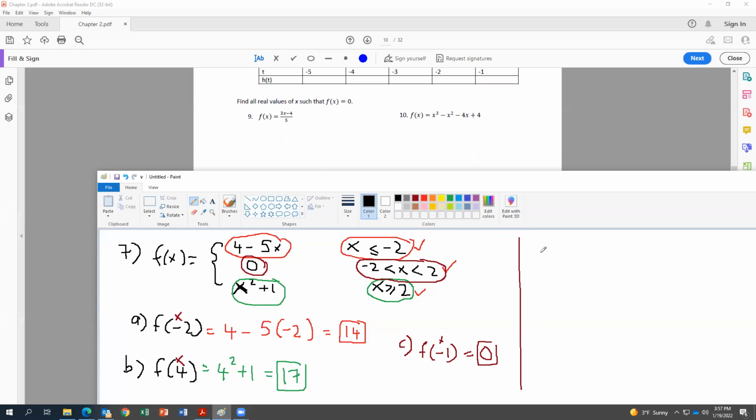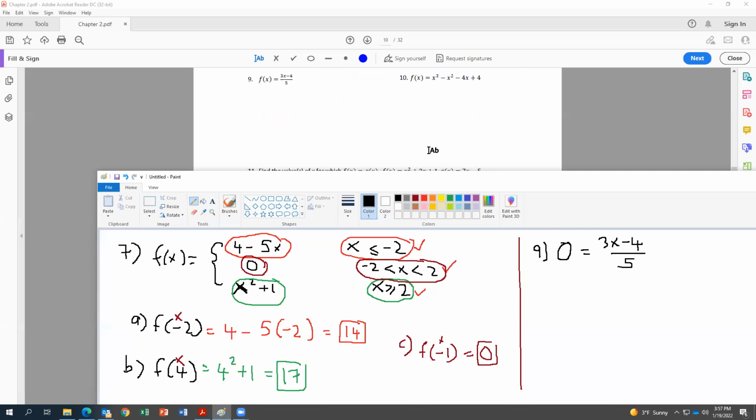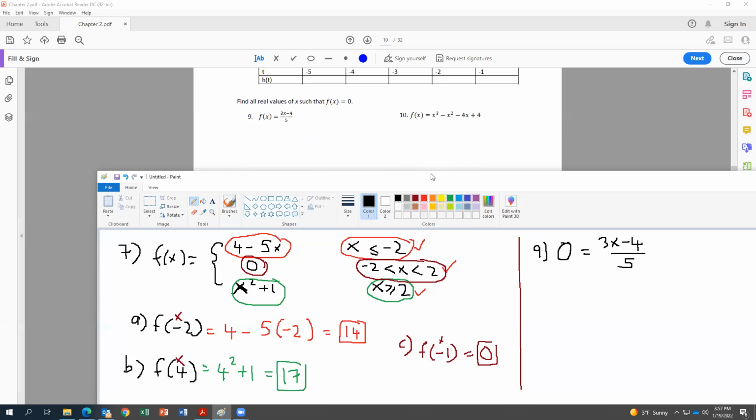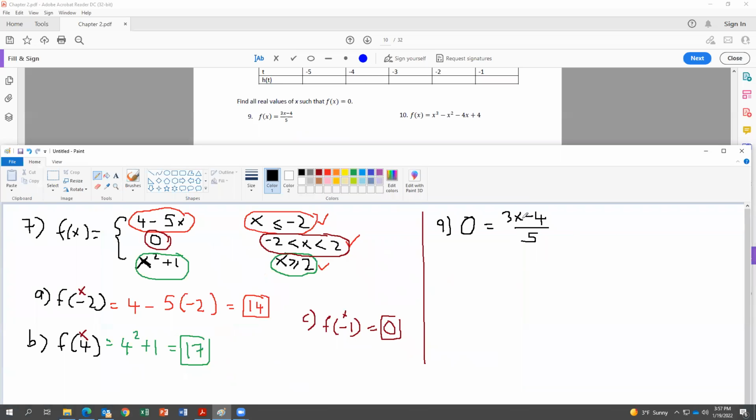Number 9 is asking us to find the x value such that f of x equals 0. That means you need to solve for x when f of x equals 0. So for question 9, you put 0 equals 3x minus 4, divided by 5. So we have to solve for x here.